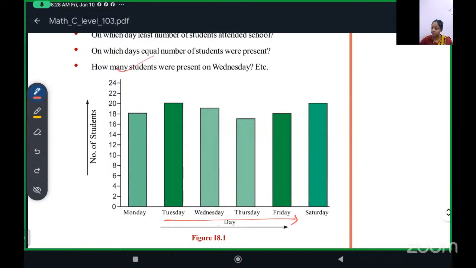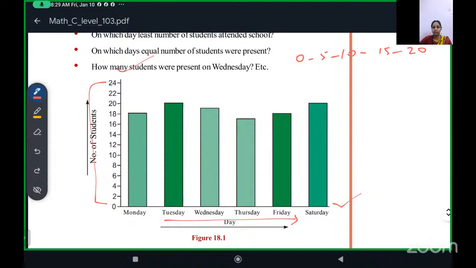These two lines that we make in a bar graph are known as x-axis and y-axis. And this is the range that we take. It can be different. It starts with 0, it can be 0, 5, 10, 15, 20. It can be multiples of 5.